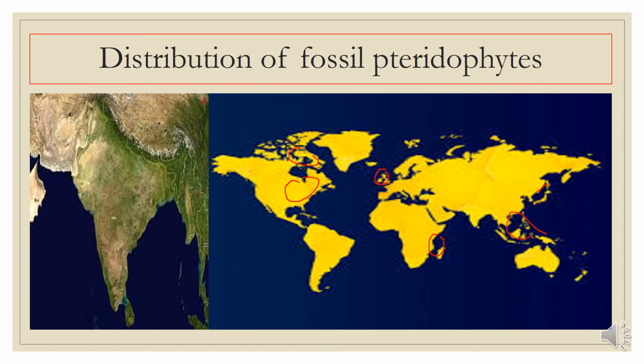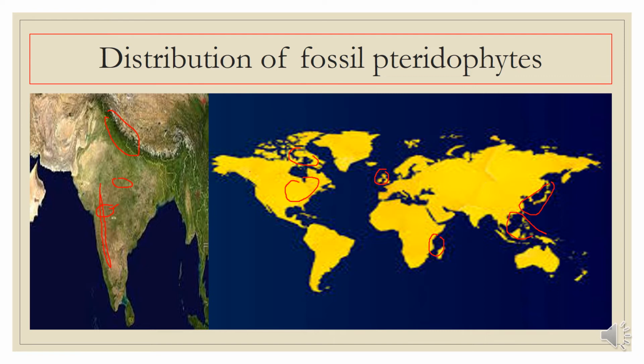In India they have been found in the Himalayan region, certain parts of Madhya Pradesh, and along the Western Ghats, especially Pachmarhi. Many species of Equisetum, Selaginella, and Lycopodium have been found in this region of India.